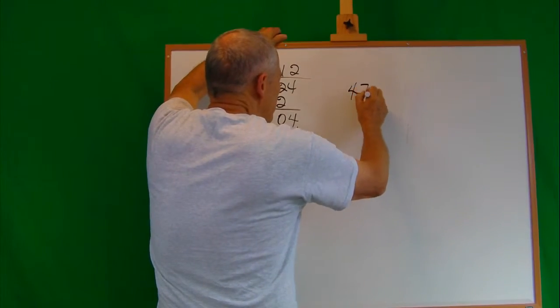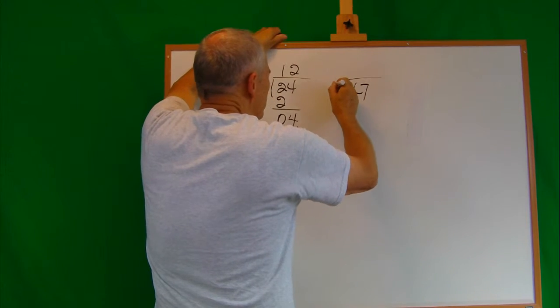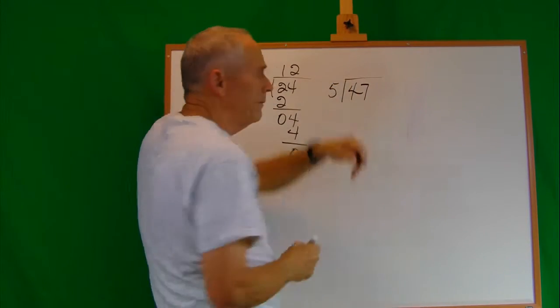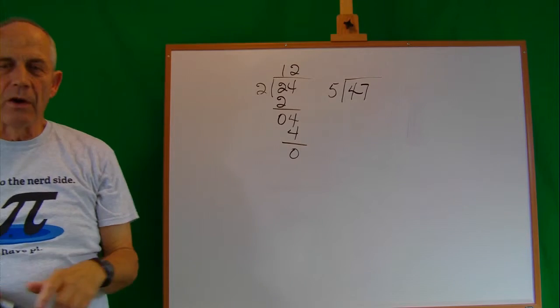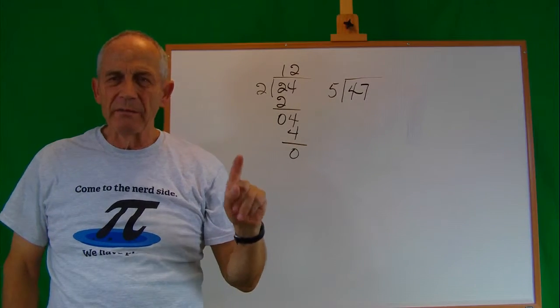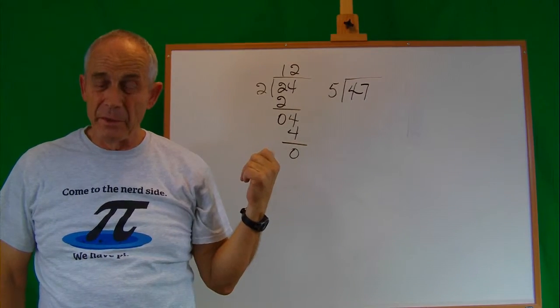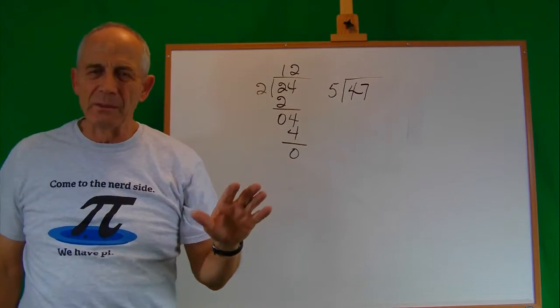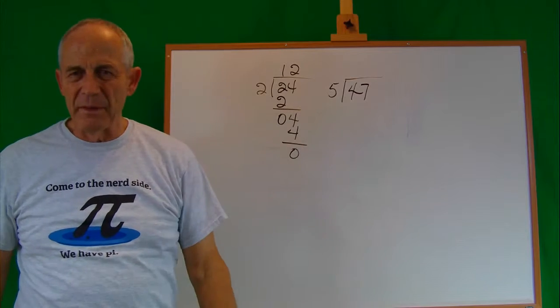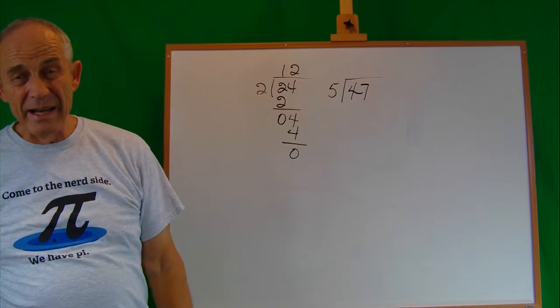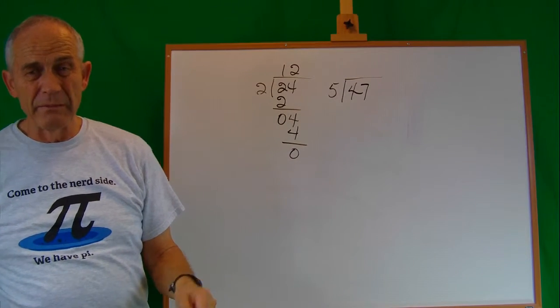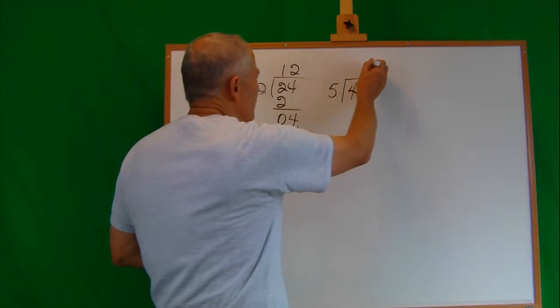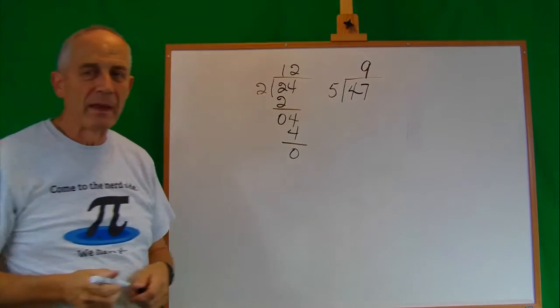If I have 47 divided by 5, I want to know how many groups of 5 there are in 47. Now, we'll pretend we all know our times tables really well, so we know right off the bat that there are 9 full groups of 45 in 47. So we put our 9 up there.